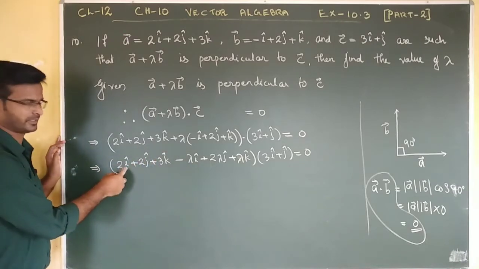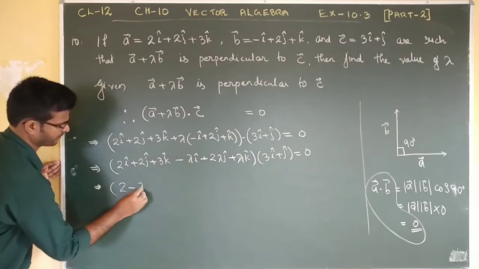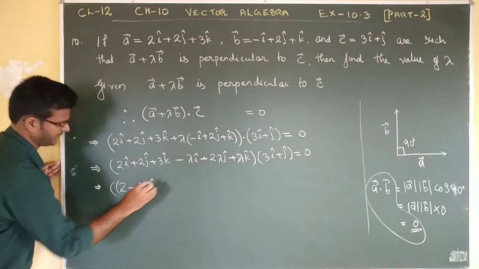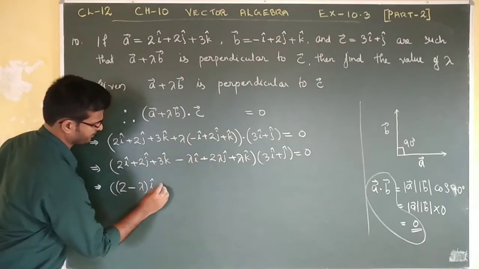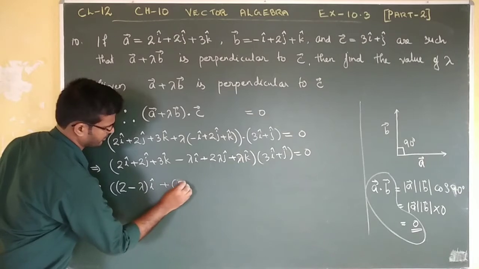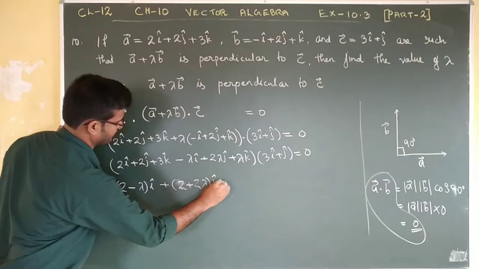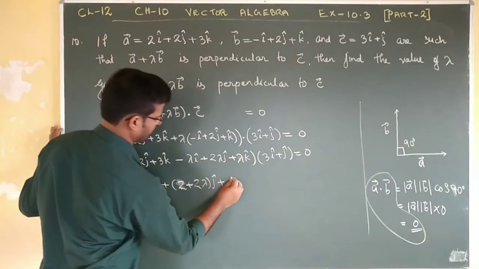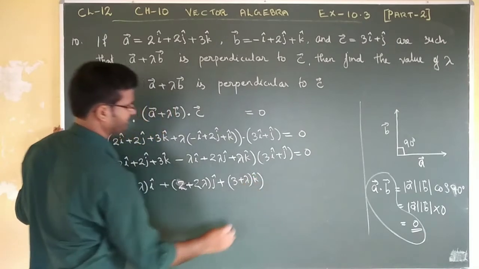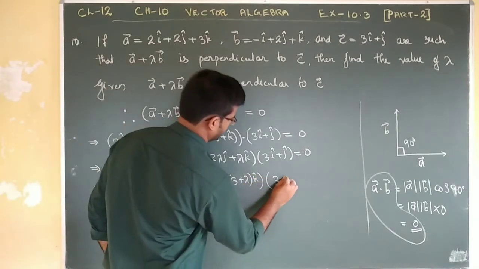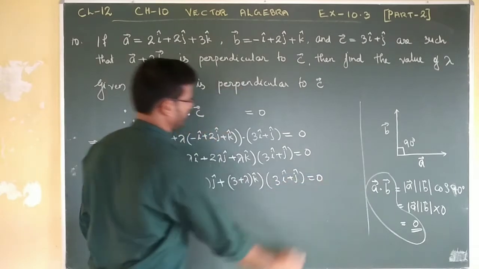From there, taking i outside, we can write 2 minus lambda i vector. Similarly, 2 plus 2 lambda j vector, 3 plus lambda k vector, into 3i plus j equal to 0.